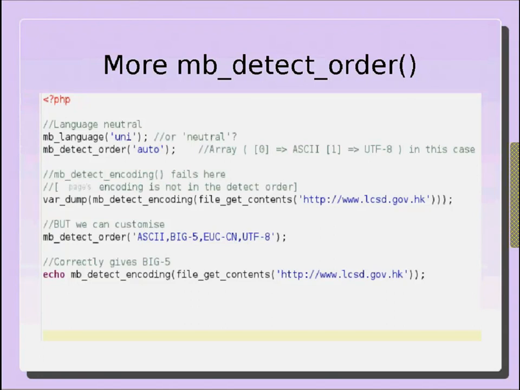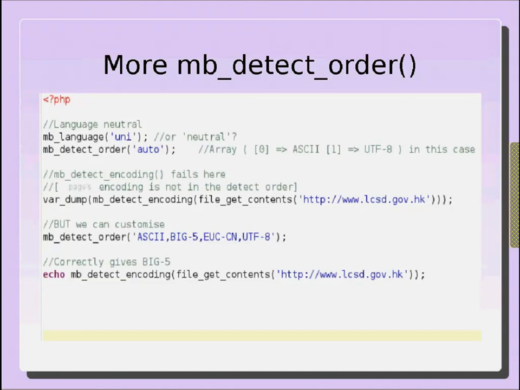If we do a detect encoding on this Hong Kong government website, mb_detect_encoding is failing. It's returning false, simply because the character set that it's using isn't in our little list of detect order.